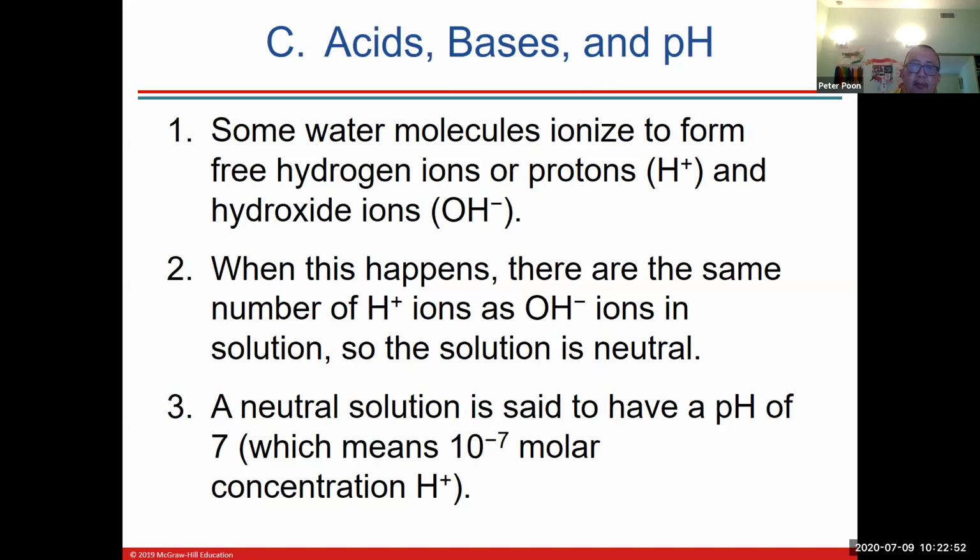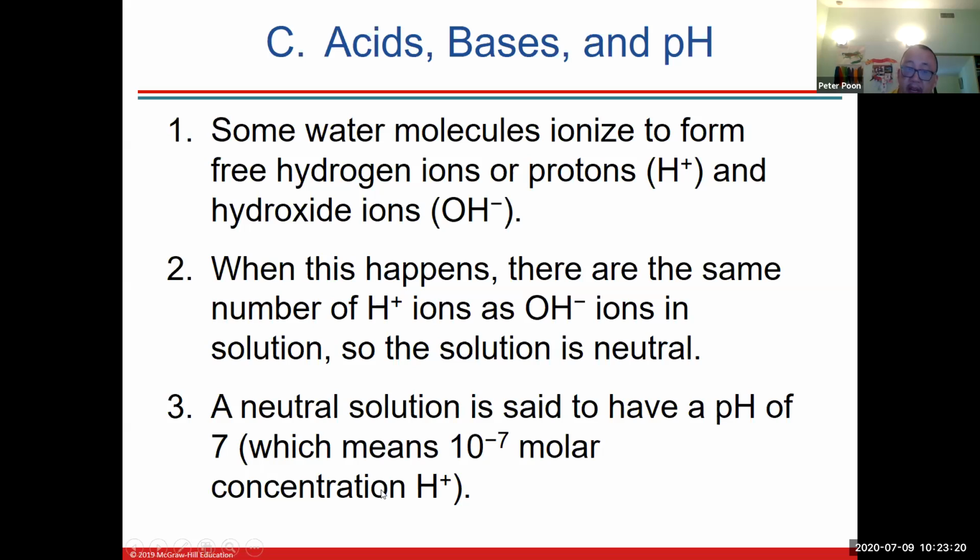I already discussed this earlier. Some water molecules ionize to form hydrogen ions, or protons, or hydroxide ions, OH minus. A neutral solution has a pH of 7.